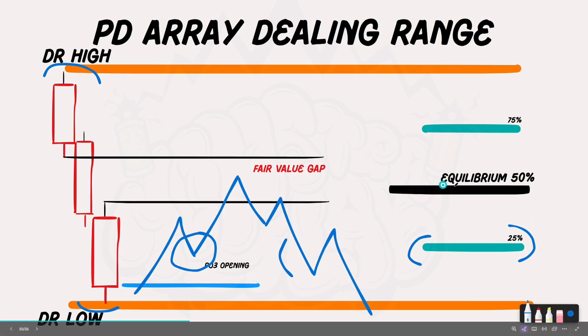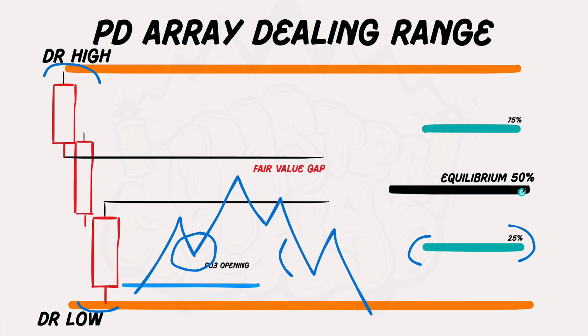Okay, so equilibrium is very helpful, because for example, imagine, okay, fair value gap, but you see this fair value gap, price close above the equilibrium and the fair value gap, you will expect the bearish move, but price is above the equilibrium.